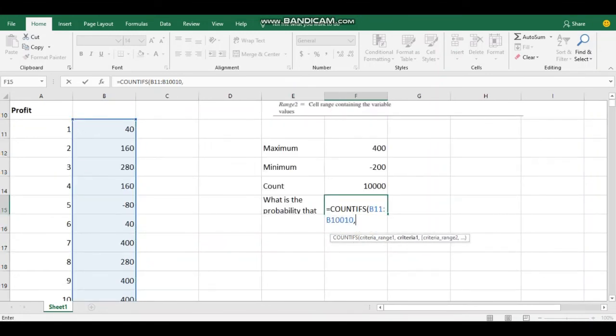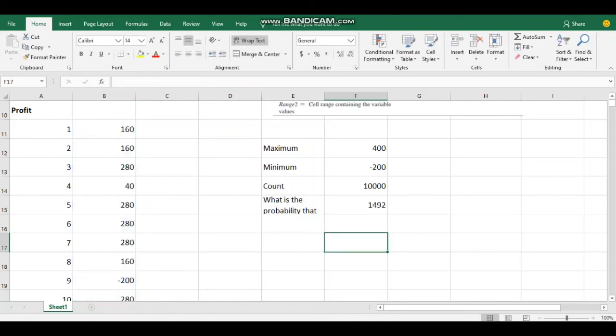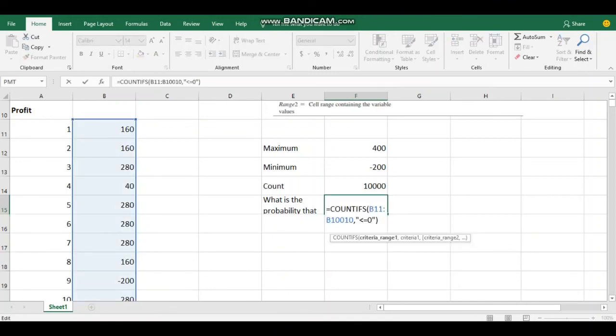The criteria is: what is the probability that it will have a value of less than or equal to 0. That's it. Just close the bracket and enter. Since we are doing percentage calculation, we have to divide it by count, right? Count is nothing but 10,000.